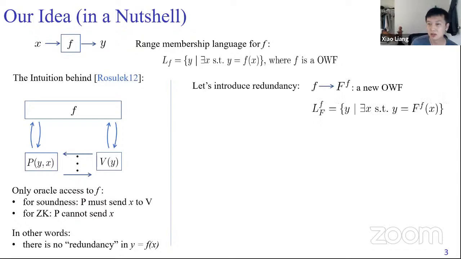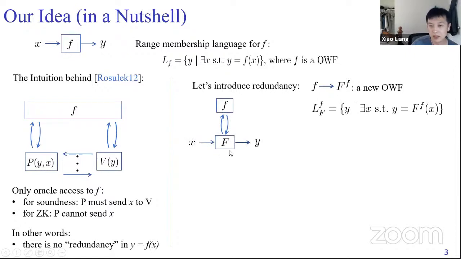So our idea is to try to introduce some redundancy. More concretely, we are considering this: if you give me this one-way function f, I build a new one-way function capital F. And now, instead of focusing on the original membership language, we focus on the membership of the capital F. If I draw it, it will look like this.